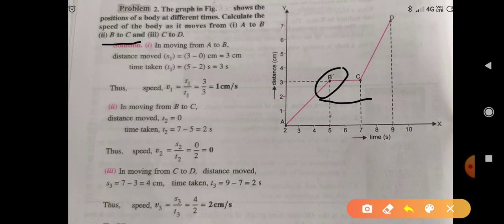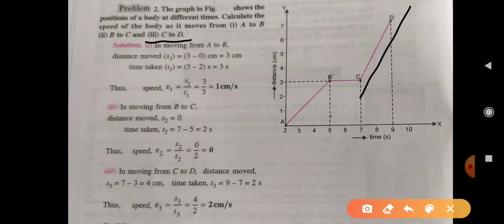Fine. Now in the third case, they ask for the speed of the body from C to D. When the body moves from C to D, the final position of the body is D and the initial position is C. Again the same thing: the distance covered is 7 for D and 3 for C, 7 minus 3 will be 4.